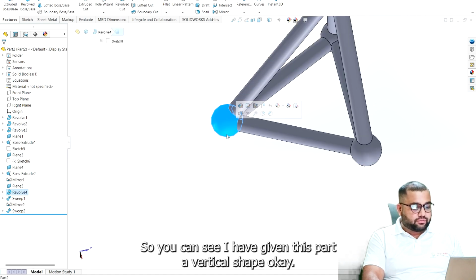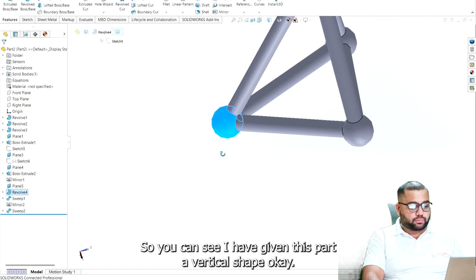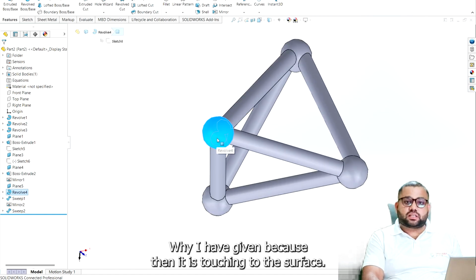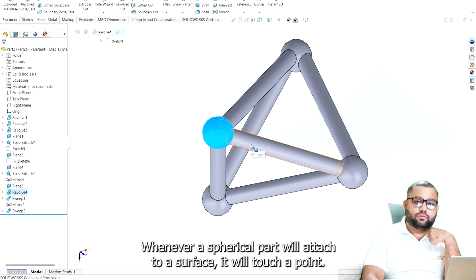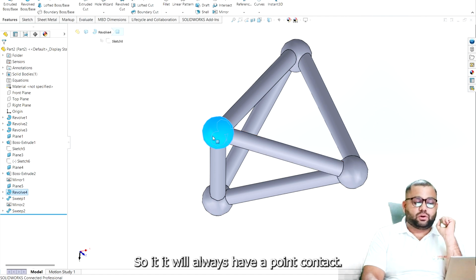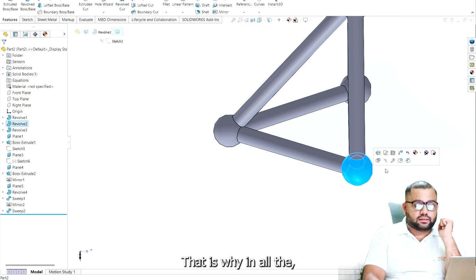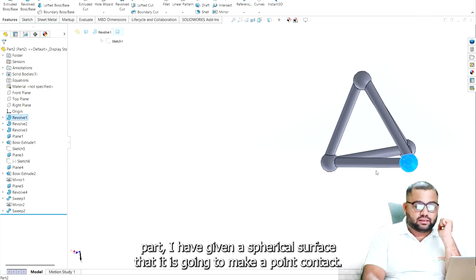You can see I have given this part a spherical shape. Why have I done that? Because whenever a spherical part touches a surface, it touches via a point, so it will always have a point contact. That's why in all the parts I have given a spherical surface, so that it makes a point contact.